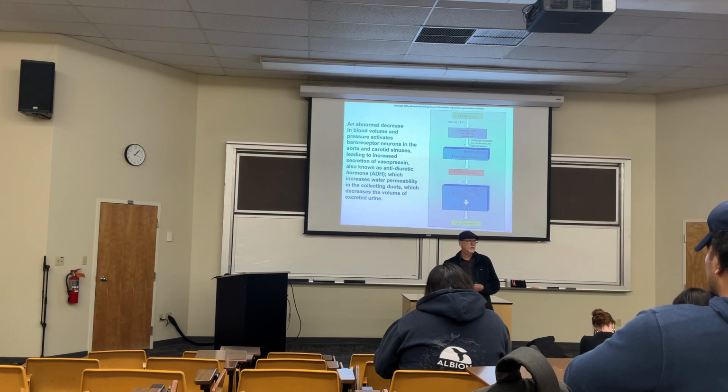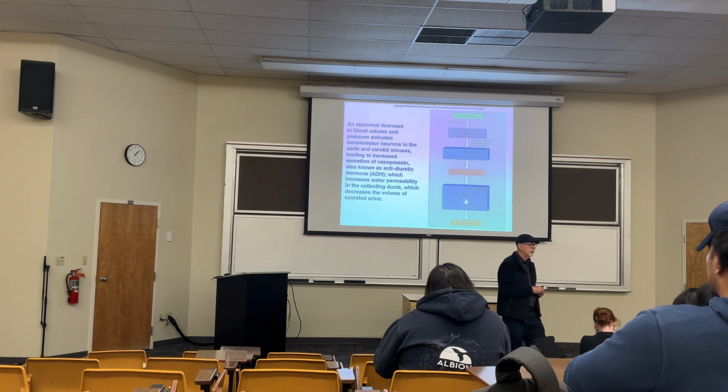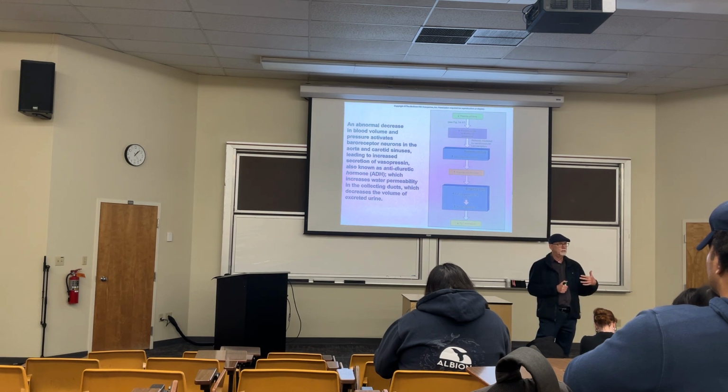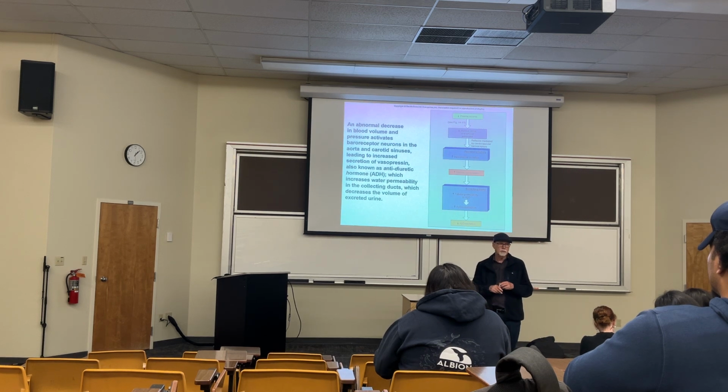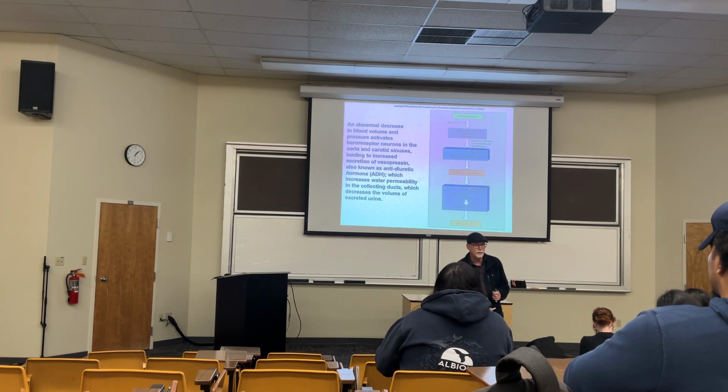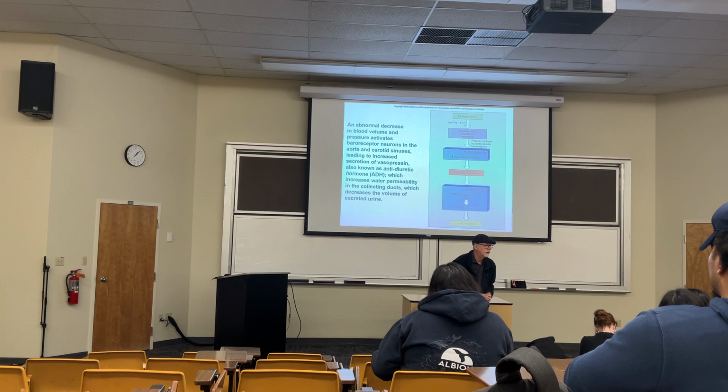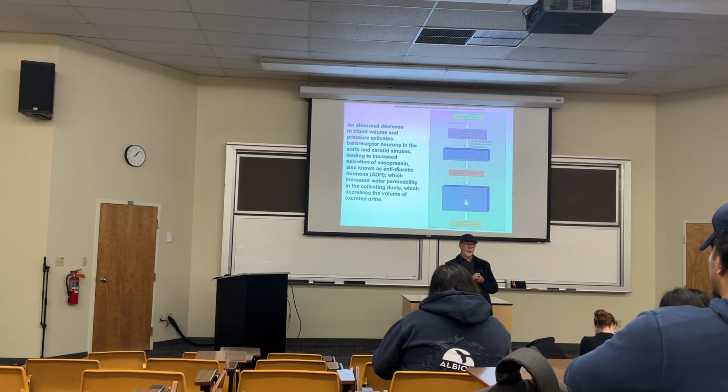This would include the water and the sodium and the chloride, for instance. Some things get reabsorbed to a greater percentage in the proximal convoluted tubule. For instance, glucose normally gets 100% reabsorbed in the proximal convoluted tubule, and potassium gets about 90% reabsorbed in the proximal convoluted tubule.